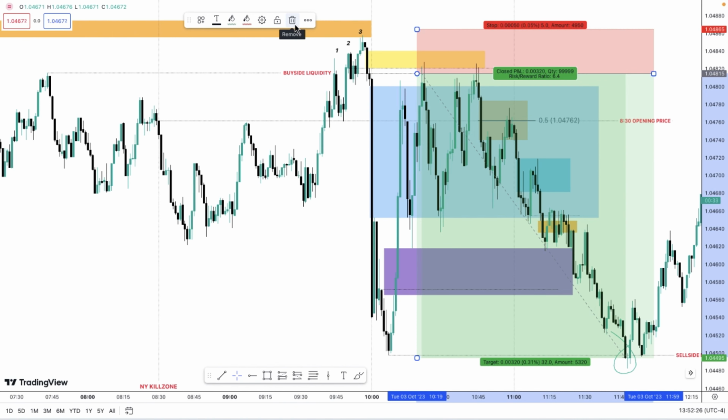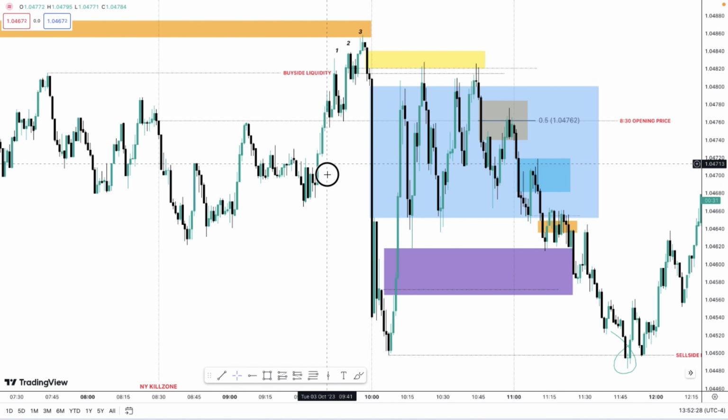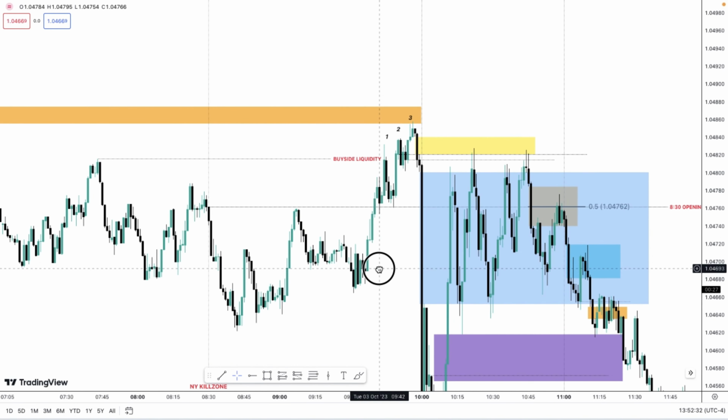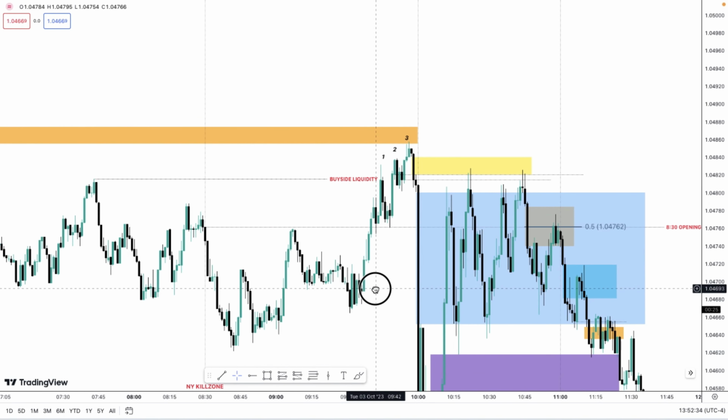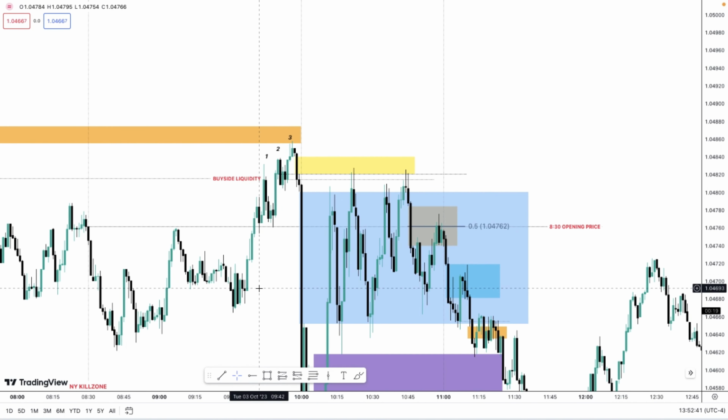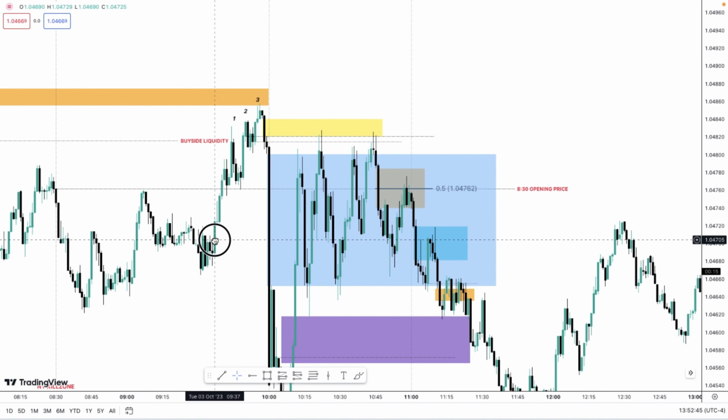So that's just one setup you could take during the New York kill zone.